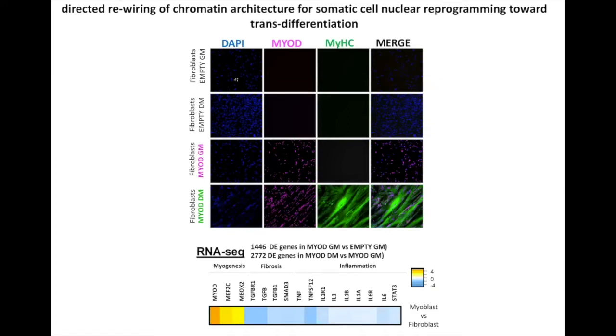This is our model. As you can see, MyoD is uniformly expressed upon doxycycline exposure in fibroblasts. This is a system where there is a doxycycline-regulated expression of MyoD.